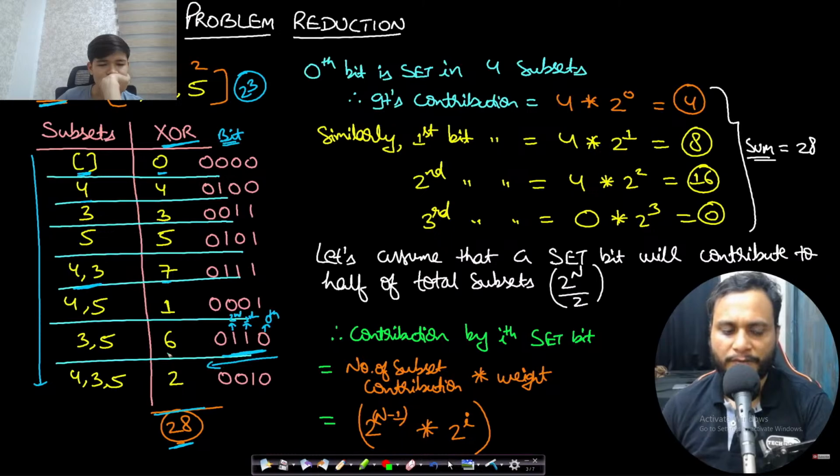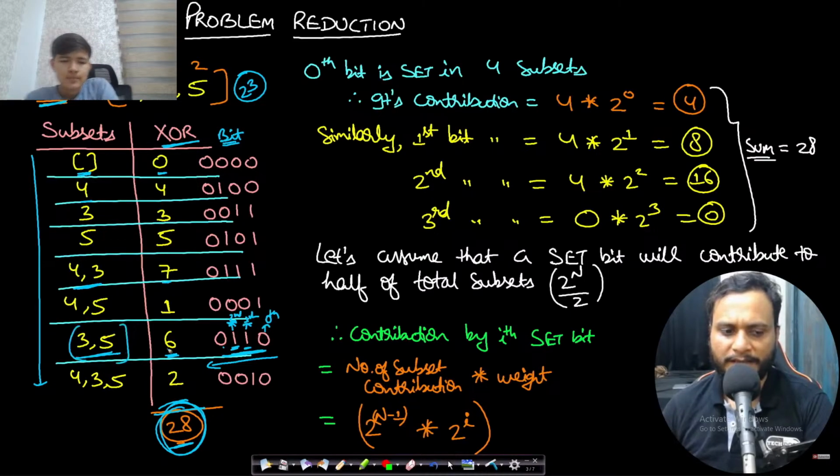So here for this XOR 6, since 6 has a value 0110, the first bit and the second bit are actually set. This is saying that the first bit is contributing to the final XOR sum value, and the second bit is also contributing to the final XOR sum value if you take the subset 3 comma 5.